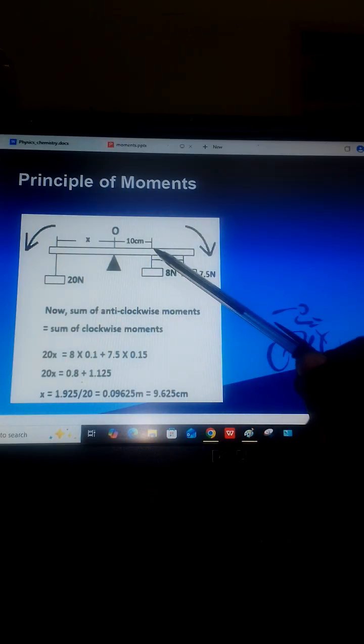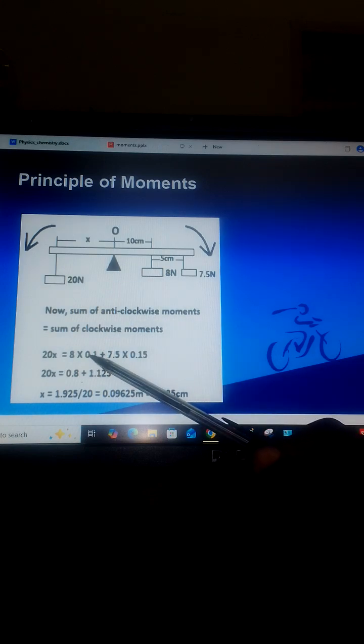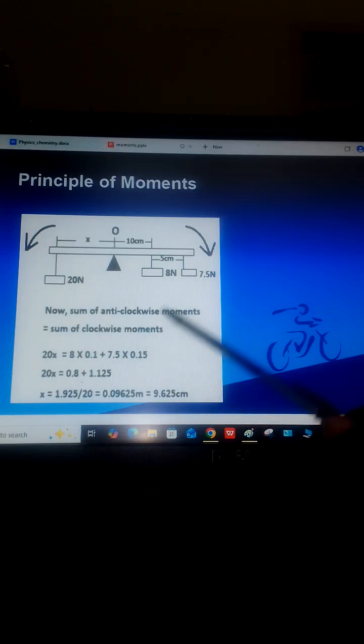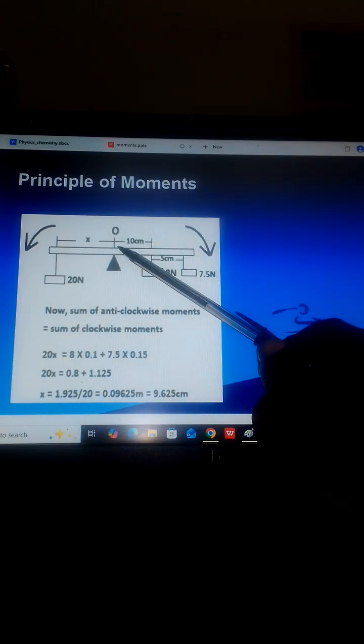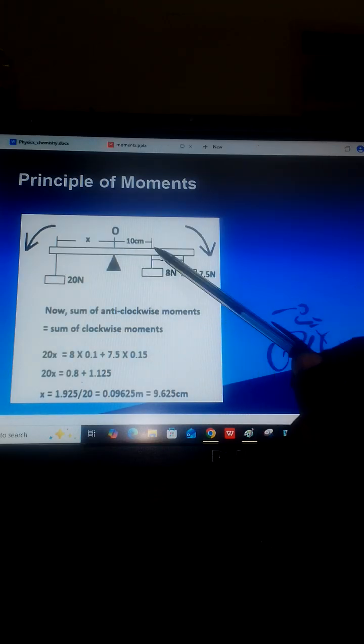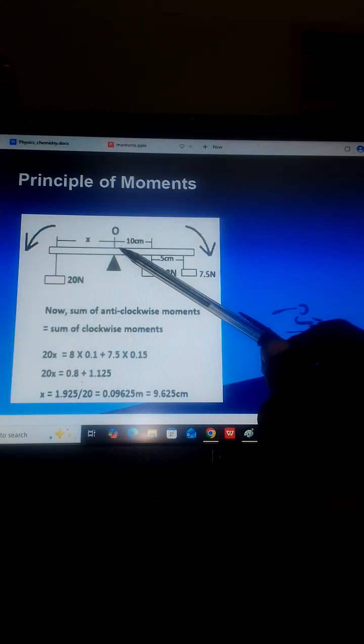That is this weight, 80 newtons, times this distance, 0.10 meters, so 80 times 0.1, plus the vertical component of that force we talked about, 7.5 newtons, times this distance from here to here, which is 0.15 meters. Because this is 0.1 meters, this is 0.05 meters. So it is this weight times the perpendicular distance to the turning point, the pivot.